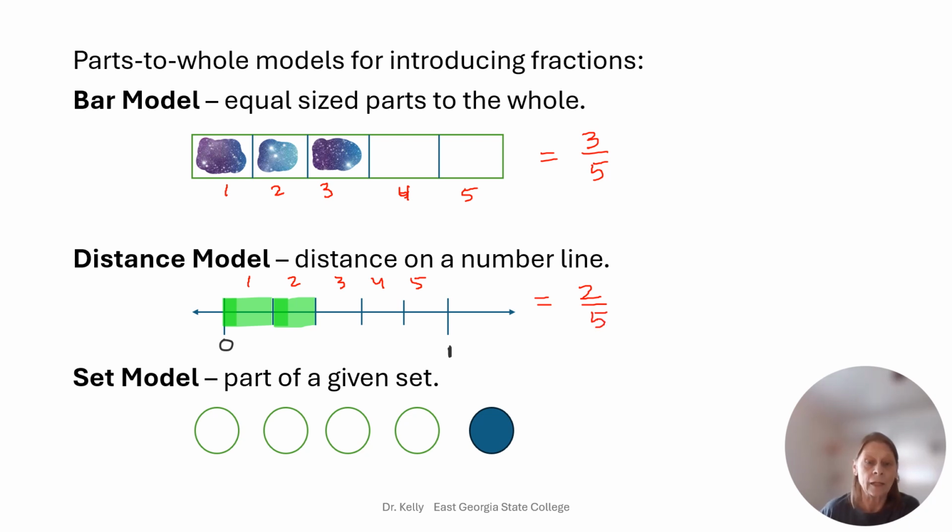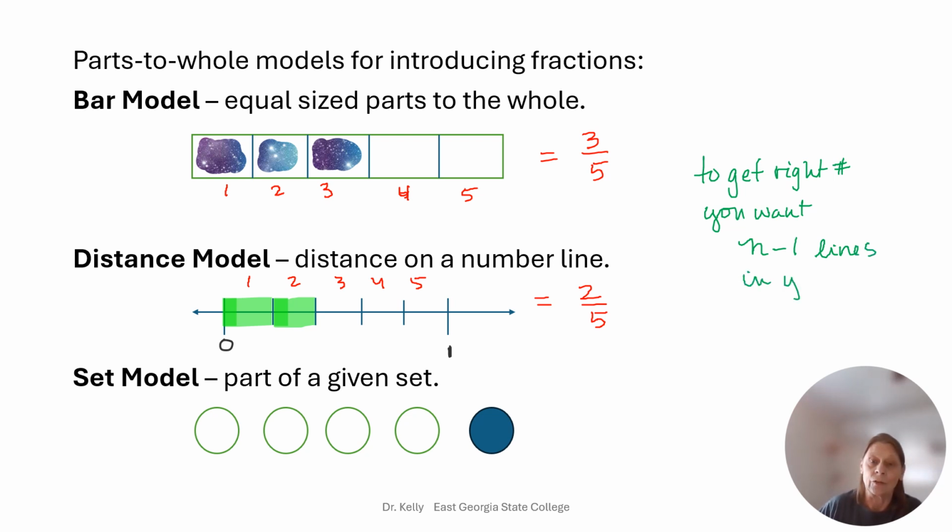As a side note, when you break things up using hash marks to get the right number, you want n minus 1 lines in your range.